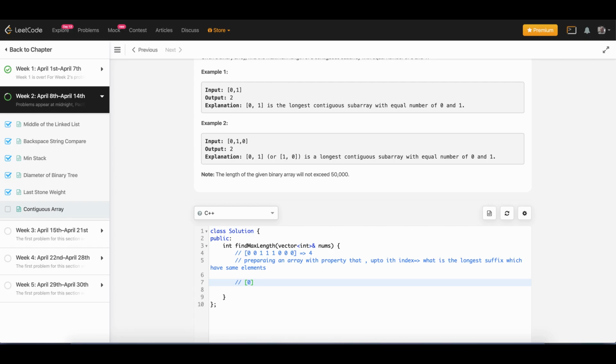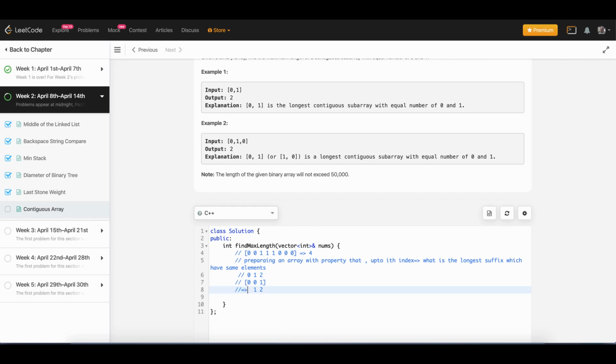The longest subarray ending at the 0th position having the same value is of length 1, and if we move to the 1st position, the longest subarray ending there having the same value is 2. Let me define the indices as well, 0 1 2, and this is the calculated value.